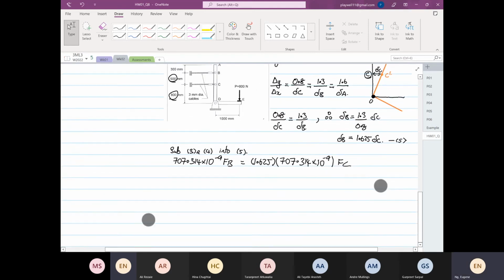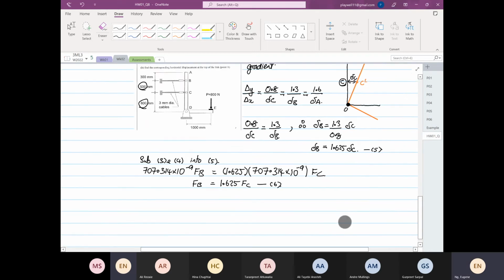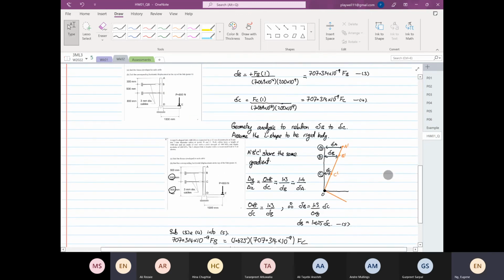So from here, we know that FB is equal to 1.625 multiplied by 707.314 times 10 to the power minus 9 divided by 707.314 times 10 to the power minus 9. Oh, they're the same. Sorry, I did not realize that. So it's equal to 1.625 FC. So this is our relationship. Because B and C, the coefficient is the same, it's just FB and FC.